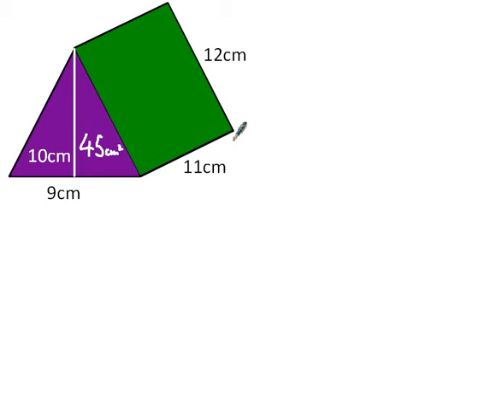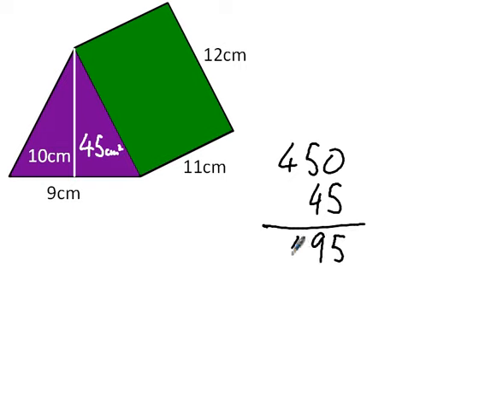An easy way to do that in your head is to do 45 times 10, which is 450, and then add on one extra lot of 45, so that's 495 cubic centimeters.